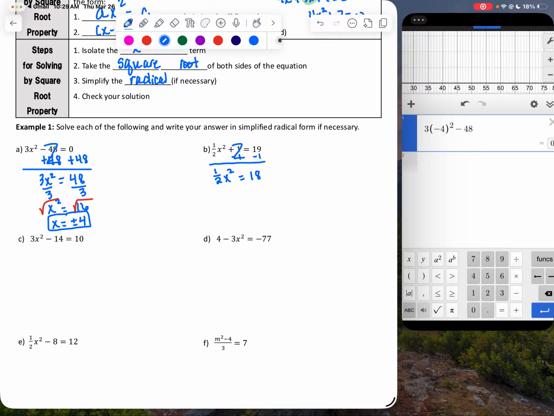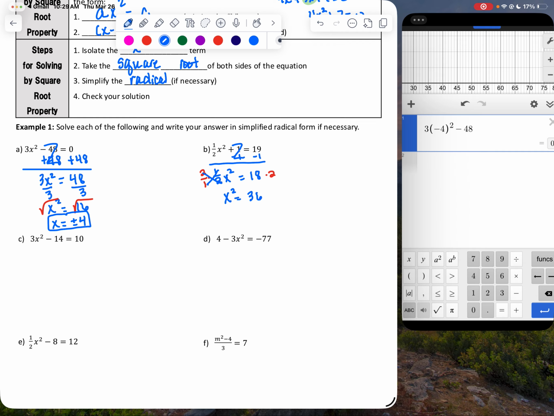Now, to undo this fraction, we're going to have to multiply both sides by the reciprocal. The reciprocal of 1/2 is 2 over 1. So we'll multiply both sides by 2. 2 over 1 times 1/2 gives us 1x squared. And over here, 18 times 2 is 36.